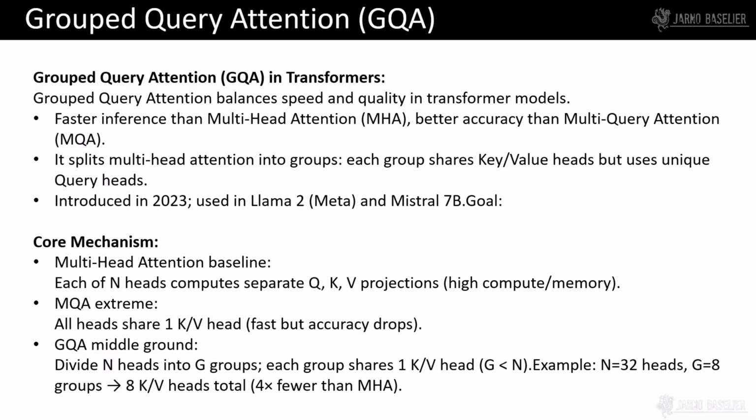It divides the number of heads into groups, and each group shares 1 KV head. For example, when N is 32 heads and G is 8 groups, then we have 8 KV heads in total, and this is 4 times fewer than MHA would use, so 4 times faster. So this is simply a better and faster technique.